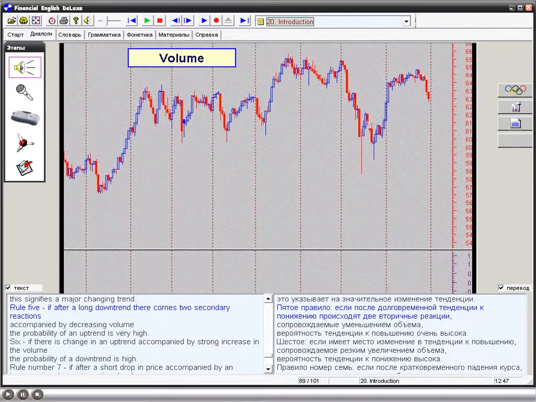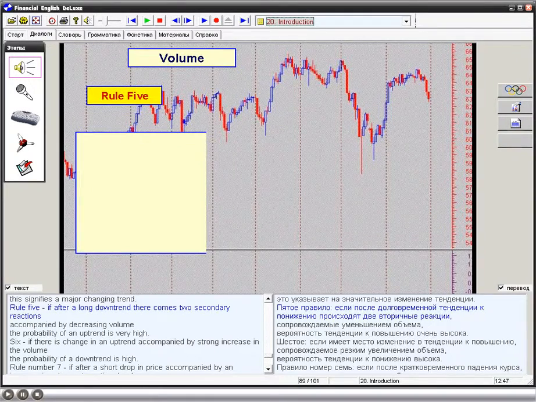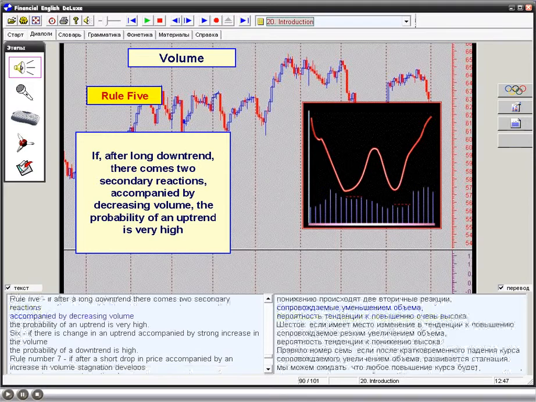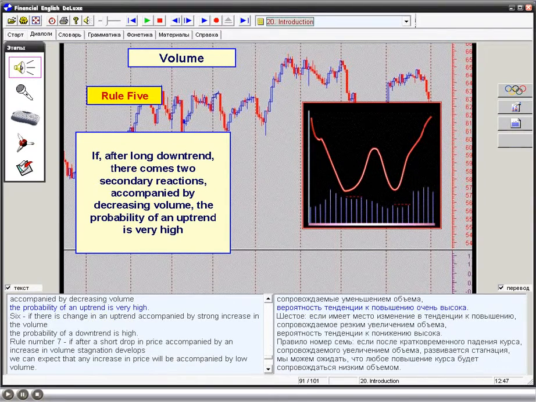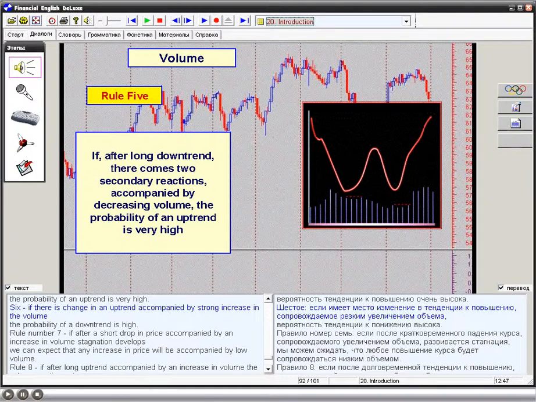Rule 5. If, after a long downtrend, there comes two secondary reactions accompanied by decreasing volume, the probability of an uptrend is very high.